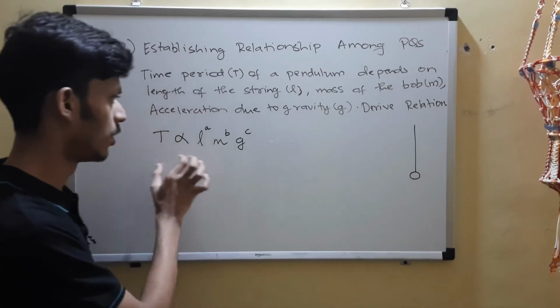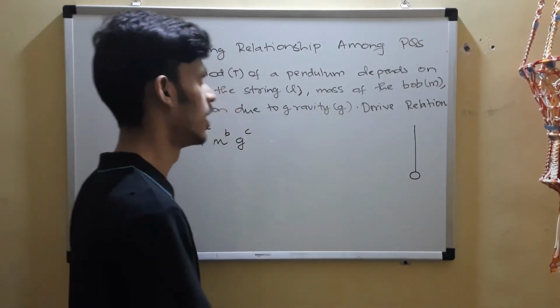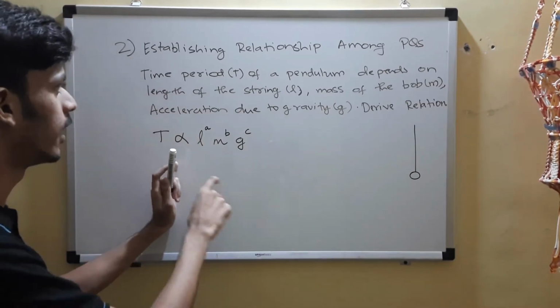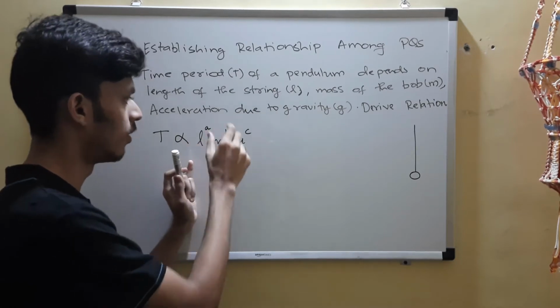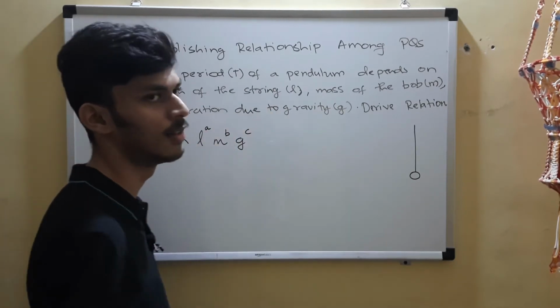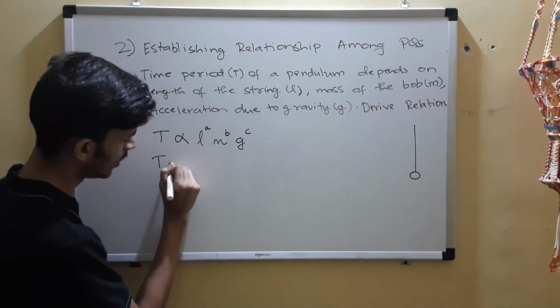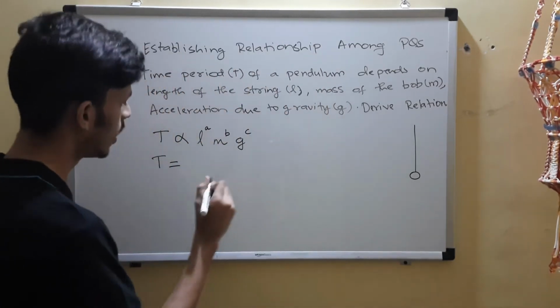You write a proportionality equation for the formula which you want to derive: this quantity is proportional to L to the power A, M to the power B, G to the power C. Now you replace that proportionality sign with an equality sign. What do you do to do that? You multiply by a constant.